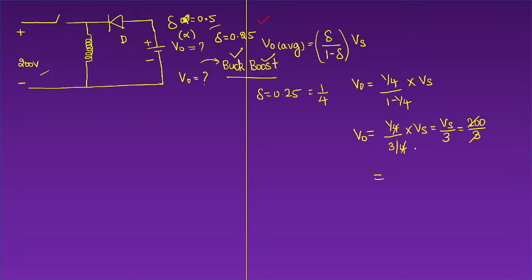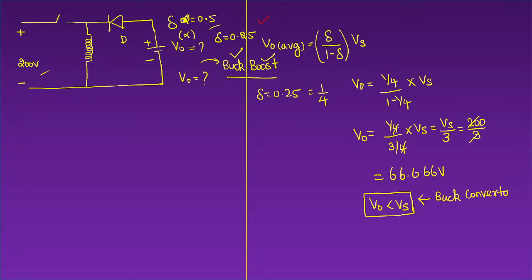It will be very easy to calculate. 6 times 3 is 18, remainder 2, again 6 times. So 66.666 volts. It clearly indicates that the output voltage is less than the supply voltage. It means when the value of delta is less than 0.5, it will act as a buck converter.